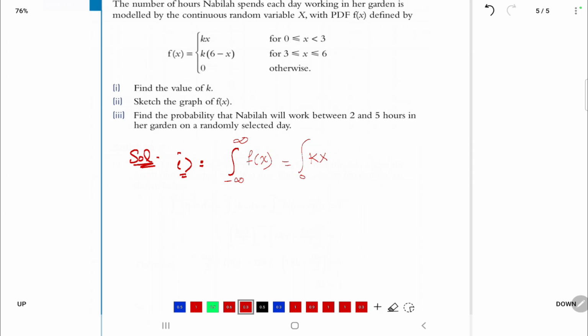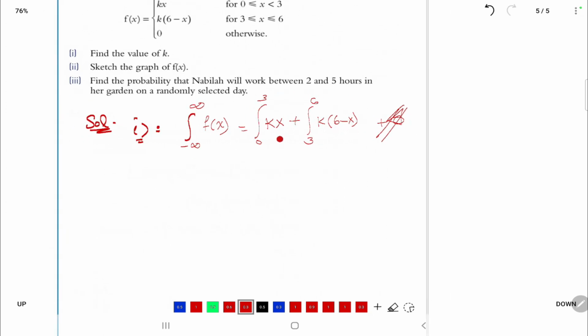Then there is another range, this one, from 3 to 6. I'll use k(6 minus x), and the limit is between 3 and 6. And this one will be ignored as it is equal to 0.